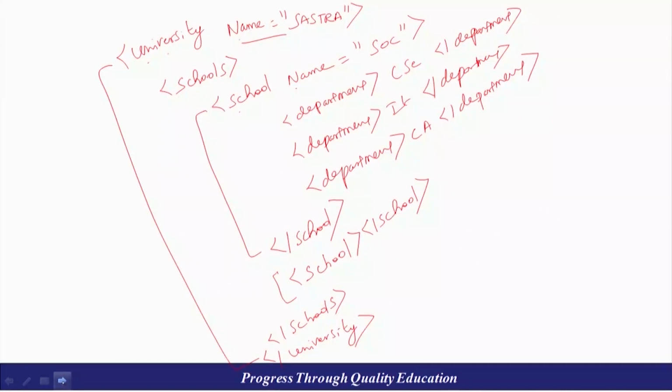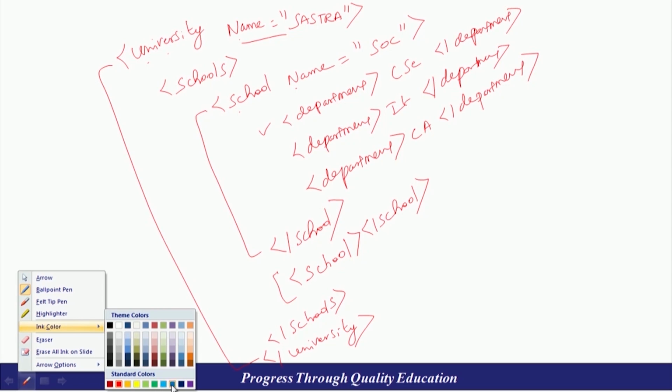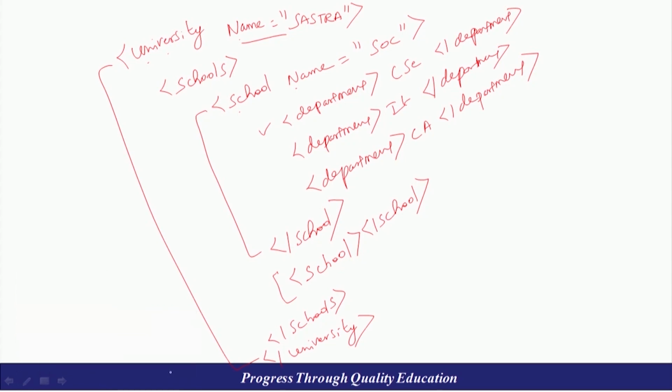Can we check? Element with text. Which one? This one. Then element with child elements. School. Right. This one. Element with child element. This is another. Then element with attribute.